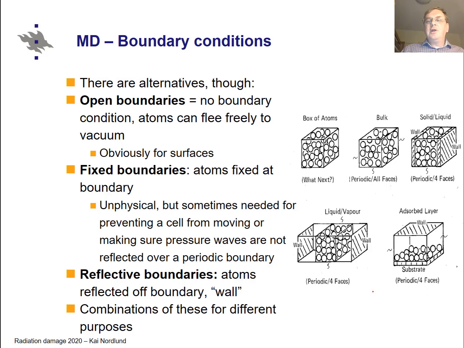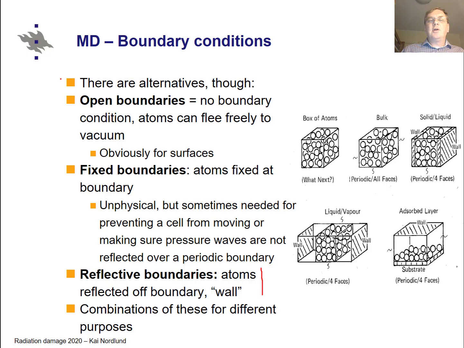Then one can do reflective boundaries, where atoms are reflected off a boundary like a mirror, but with these one has to be careful, because if you do that, the momentum is not conserved, and this can lead to troubles in many simulations, so one should be careful about reflective boundaries.